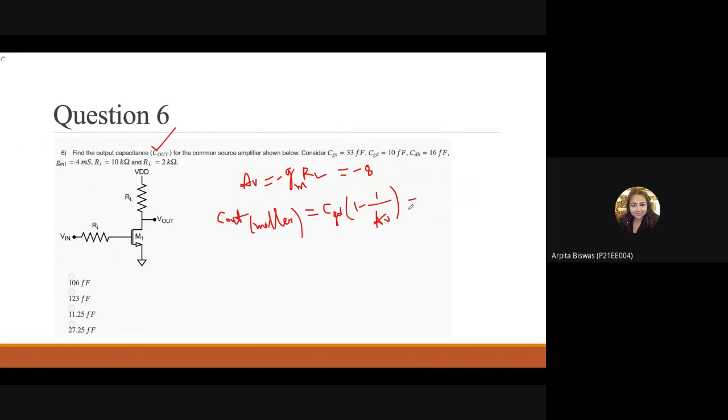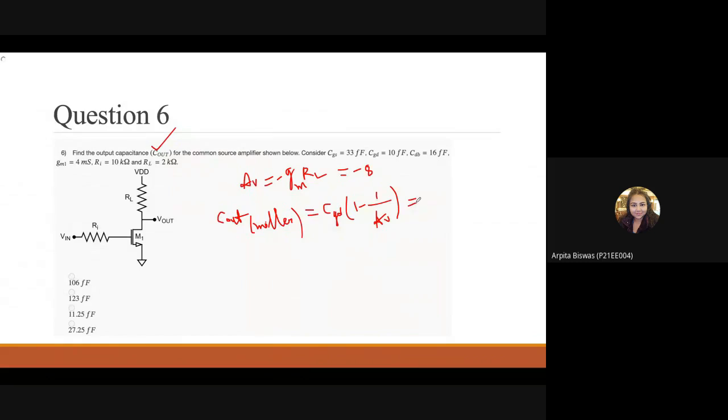Calculate it and tell me what is the value of this C output Miller. Every value is given. CGD given, into 1 minus 1 by AV. Calculated AV is minus 8, so minus minus is plus.